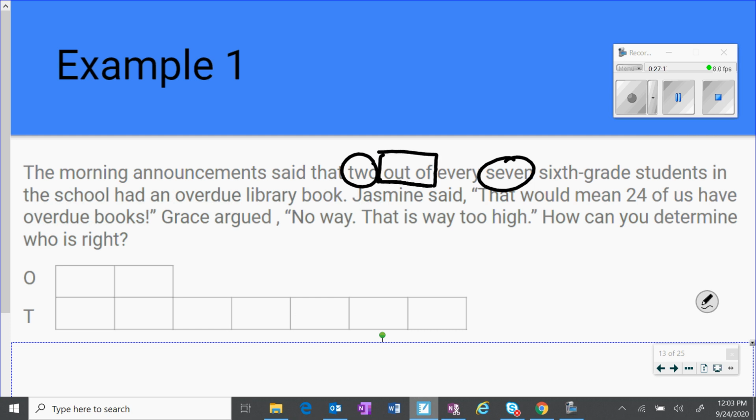We're going to put a box around that because out of means that's another way to express the ratio. Page 13. Here's another number, 24. That's the number of overdue books. And then our question is, how can you determine who's right?